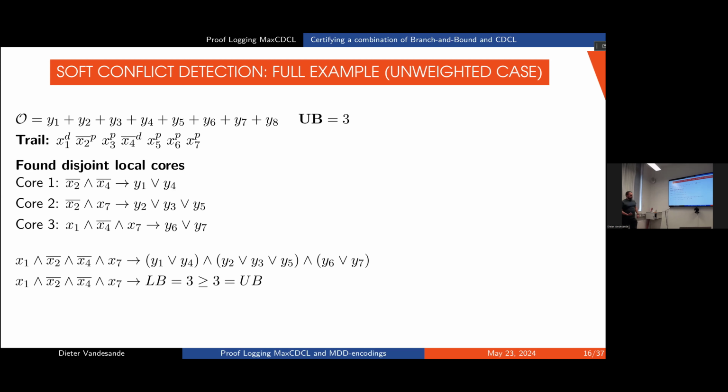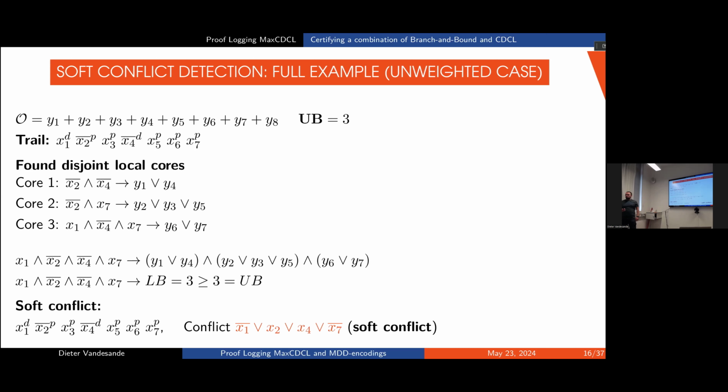So given the current partial assignment, the lower bound is 3, which is greater than or equal to the upper bound. So we can say that we found a soft conflict. And just as in CDCL, we learn a clause based on the current partial assignment to prevent the same partial assignment from occurring again.